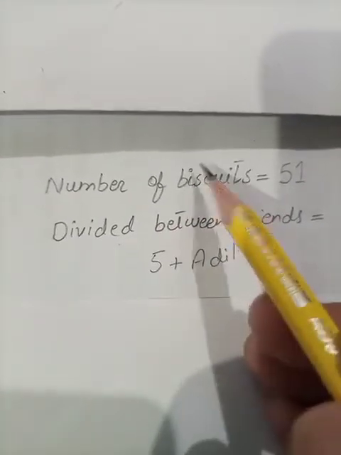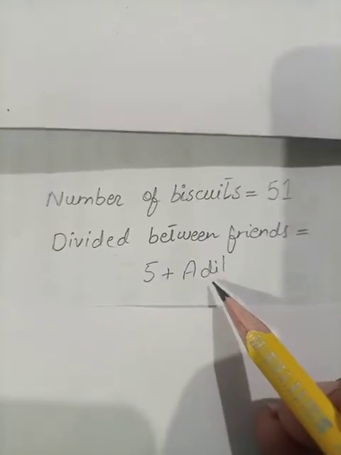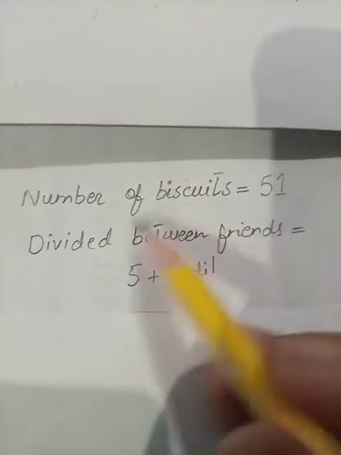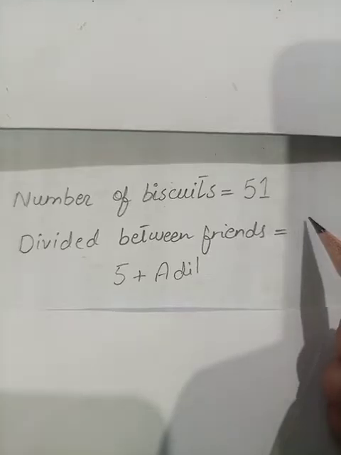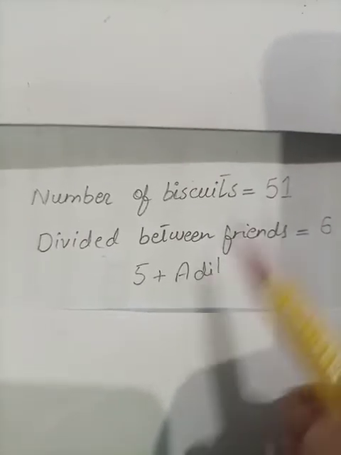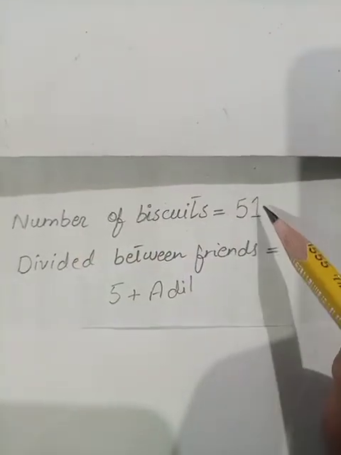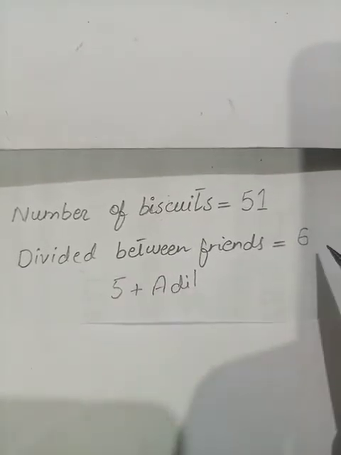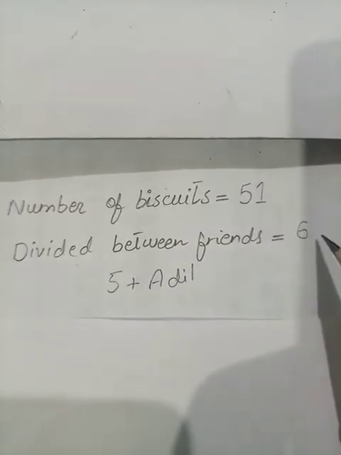Students, as we have divided our biscuits between the 5 friends and Adil is also part of this, the total number of persons among whom we are dividing our 51 biscuits will become 6. Okay, because Adil is also part of the division. So students, total number of biscuits is 51 and the persons among whom we are dividing are 6. 51 will become our dividend, 6 will become our divisor.